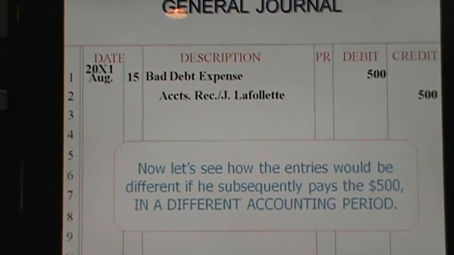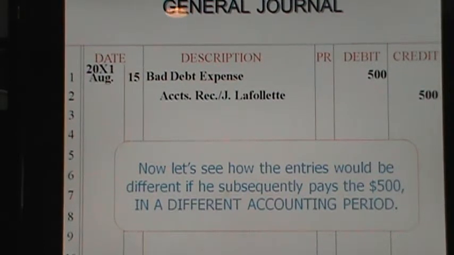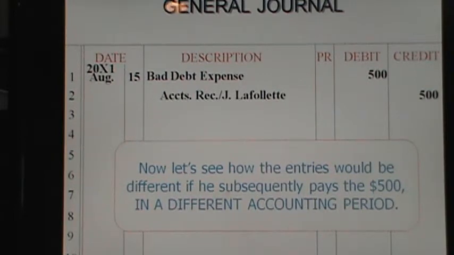Now, if the account was paid off in a different accounting period, it's done a little bit differently. So we had written off this J. LaFolette, and had debited bad debt expense and credited the accounts receivable.